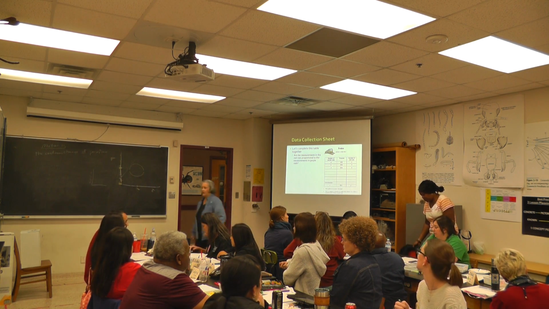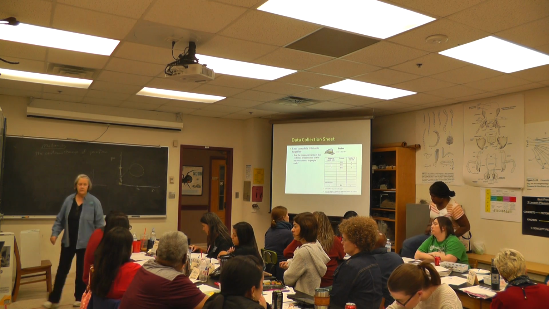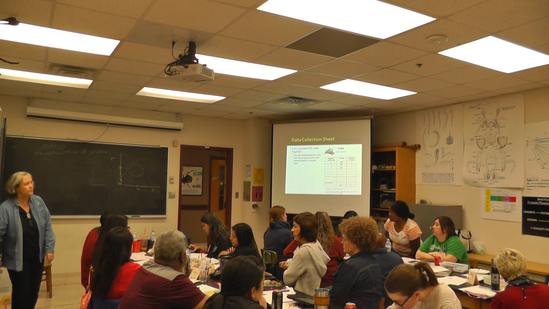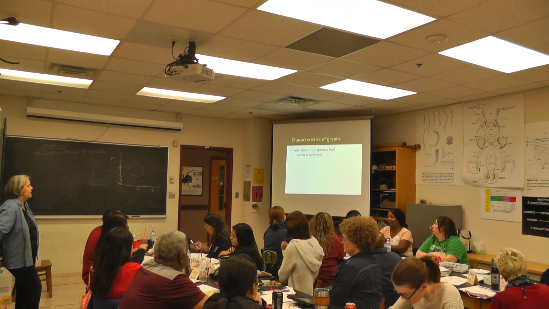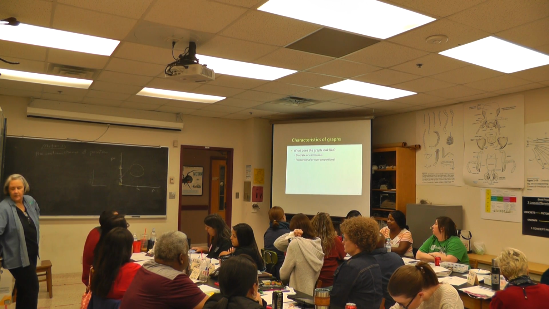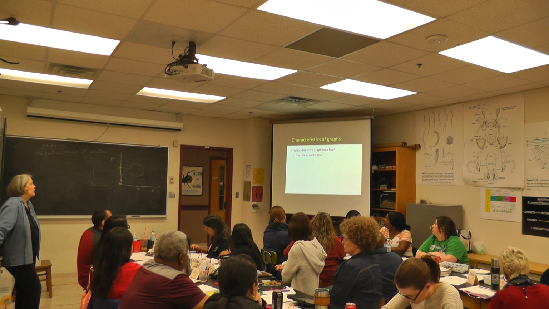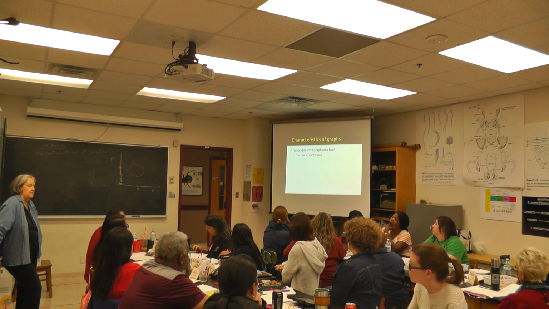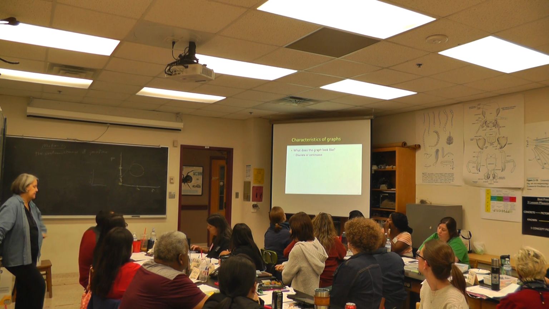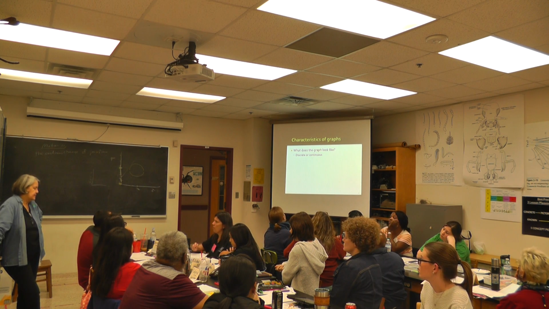All right. So what we're going to do now, because we've talked about a lot of words that have to do with graphing. So what does a graph look like when it has discrete data? Elizabeth.